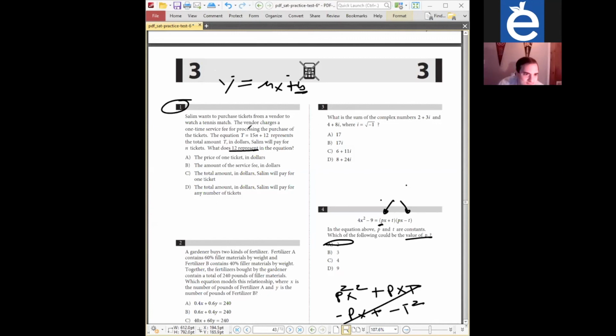So here, since this is equal to tickets, 12 represents at ticket number 0 how much money you owe. Technically it isn't ticket 0, because you actually have to buy a ticket. They can't just charge you for not doing that. But as soon as you buy the first ticket, it's an additional 12. So effectively 12 is 0, right? So that would be the service fee.